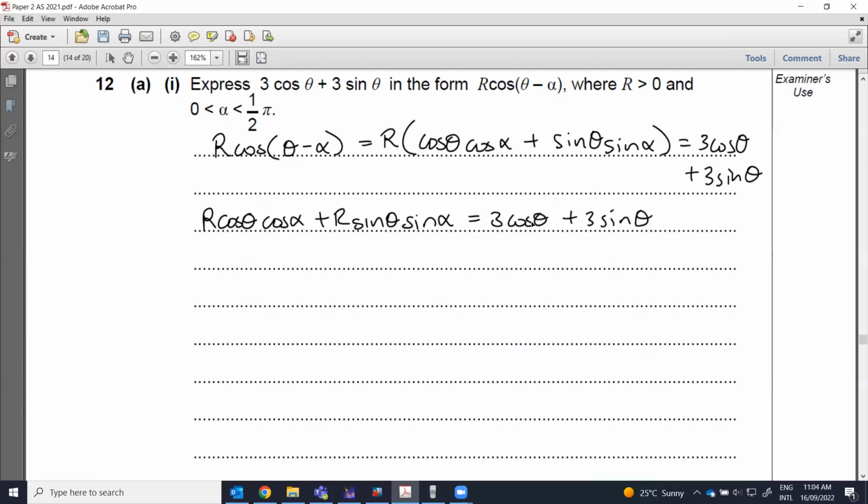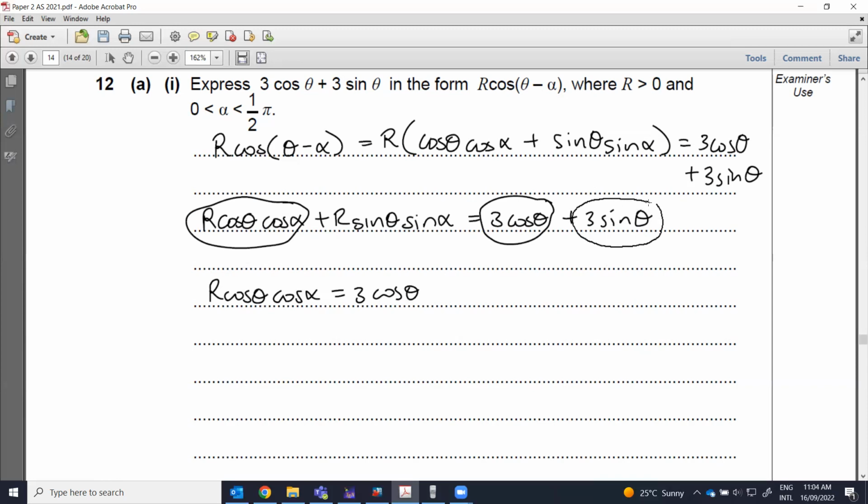I see this term has cos theta and this term has cos theta, so they must be equal. So r cos theta cos alpha is equal to 3 cos theta. And this term has sine theta and the right also has sine theta, so they must be equal. And r sine theta sine alpha is equal to 3 sine theta.